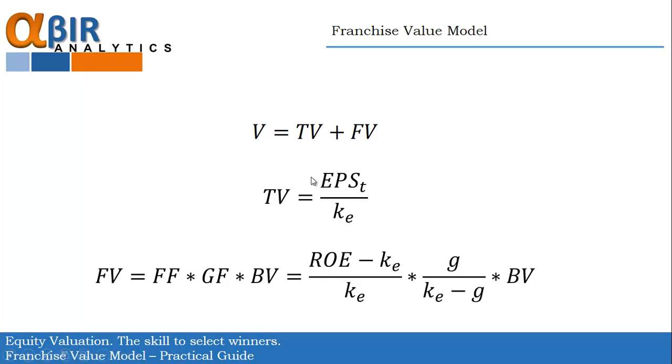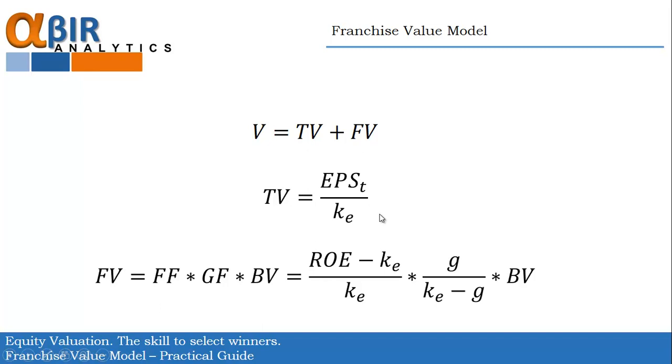So basically the idea is, if the company has been able to beat the market expectations and has good growth opportunities, then this will lead to a higher fundamental value. Oppositely, if return on equity is below the cost of equity, then the company is destroying value and we have a discount to the tangible value.